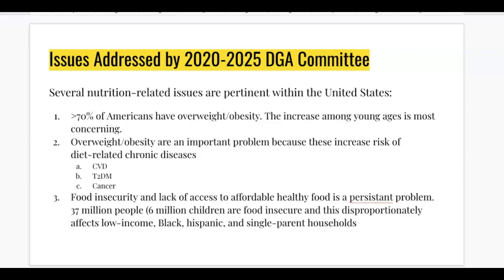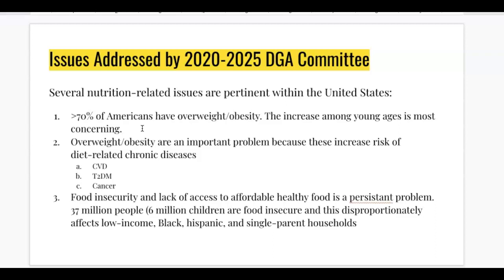So what they found for this cycle of dietary guidelines is that over 70% of Americans are or have overweight or obesity, and they identify that the most concerning aspect of this is that there is a drastic increase among the young ages.